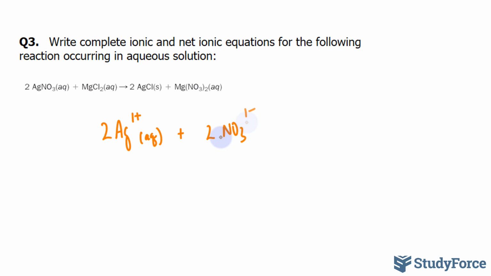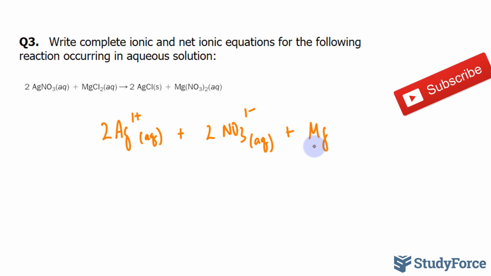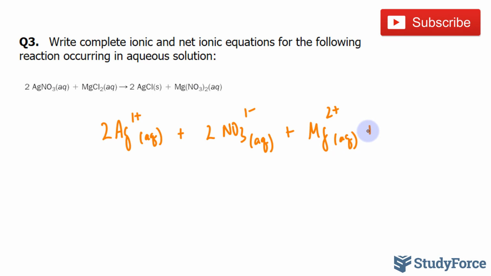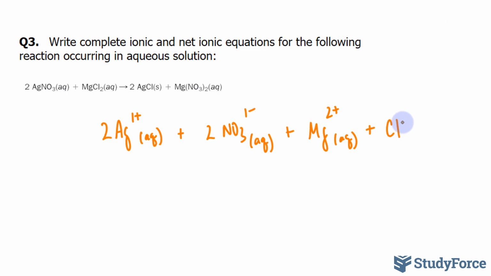This serves as our anion, this is our cation, also AQ, plus Mg, which has a charge of 2+, our cation, and chlorine. Chloride is represented by Cl 1-, and there are 2 of them, so you place a 2 at the front. This produces our precipitate, which we won't break down.